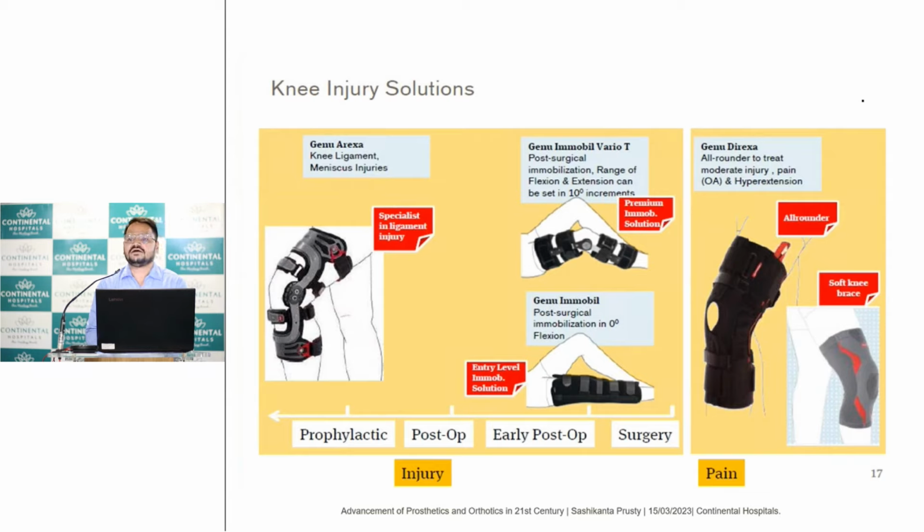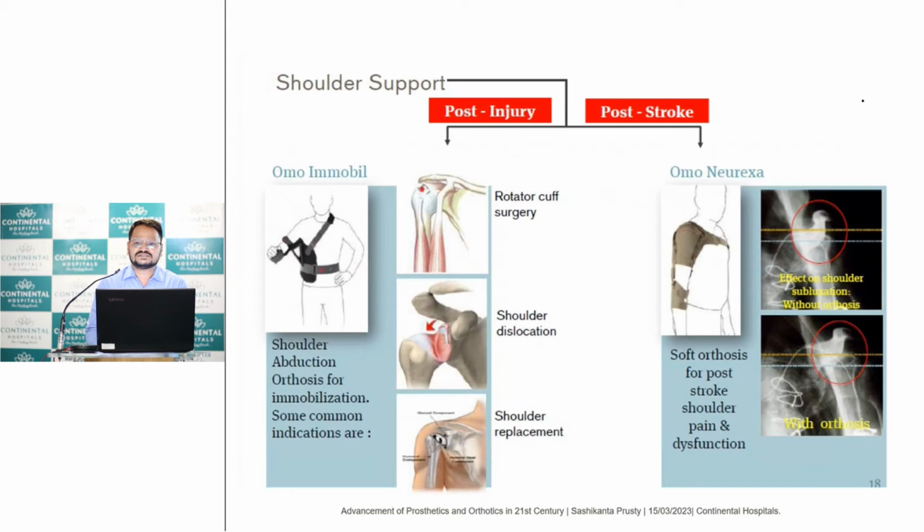For the shoulder also, for every body part we have some kind of brace. A very important one that we normally use is the airplane splint. For cases with rotator cuff injury, or where the shoulder joint must be immobilized at particular angles for some pathologies, we can put this kind of brace as required, with the concerned consultants telling us which angle they want.